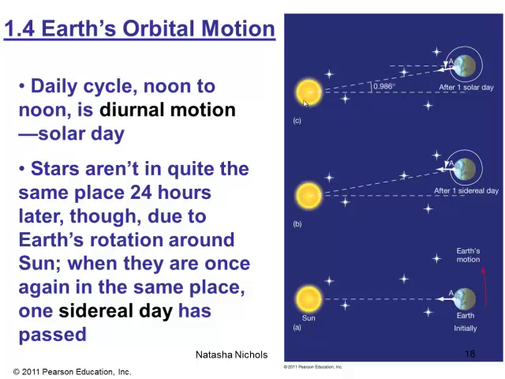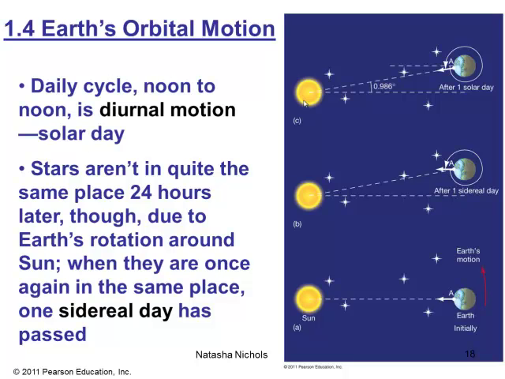Frames A and B illustrated here are one sidereal day apart. During that time, Earth rotates exactly once on its axis and also moves a little in its solar orbit, about 1 degree.